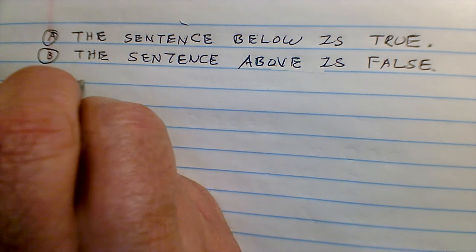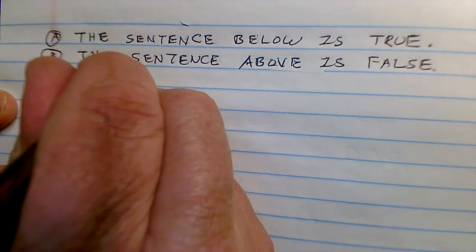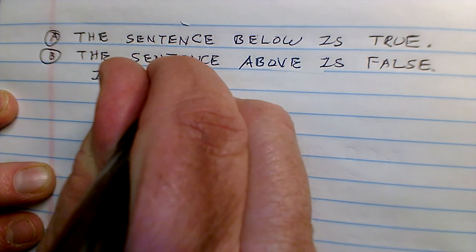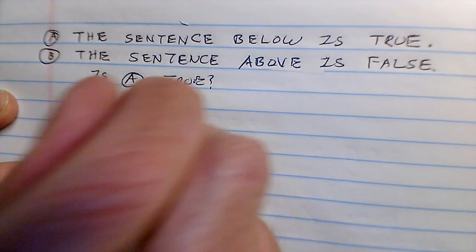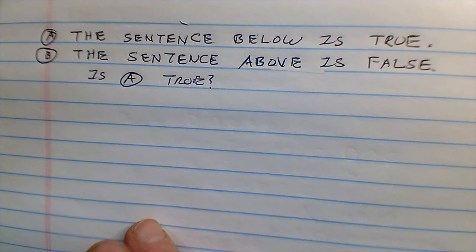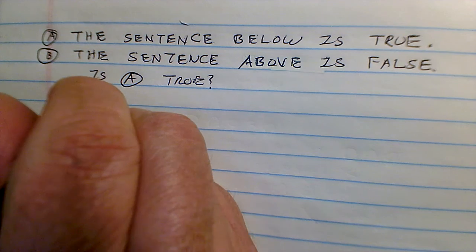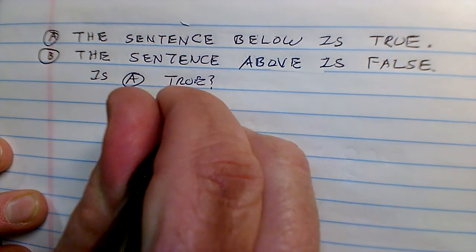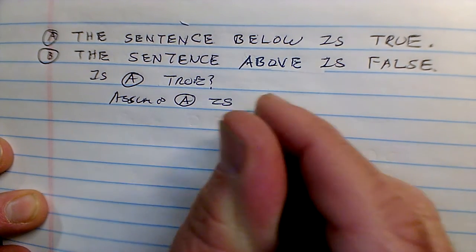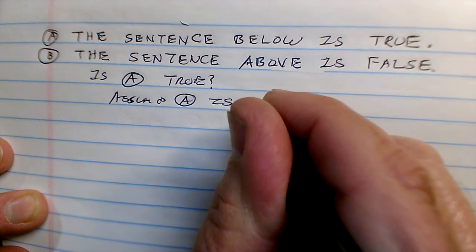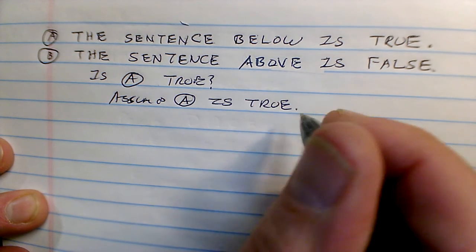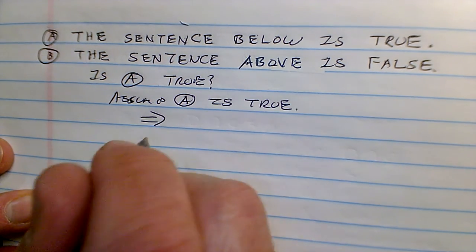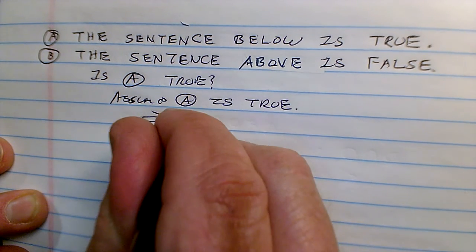So now, my question for you is, is Sentence A true? Well, let's do something. Let's assume Sentence A is indeed true. What would that lead you then to understand?